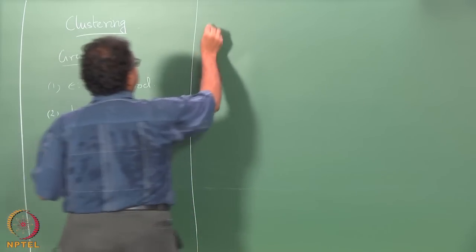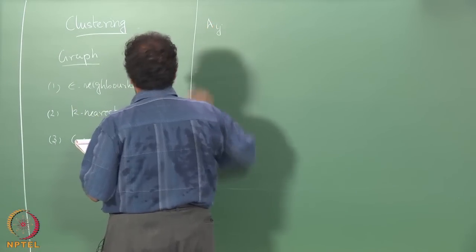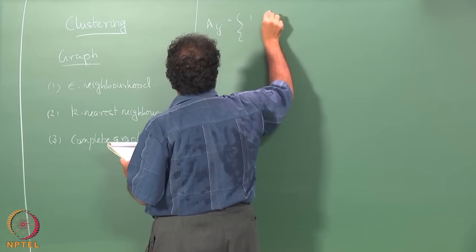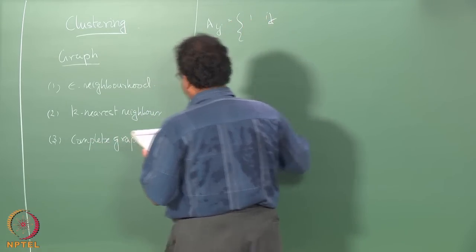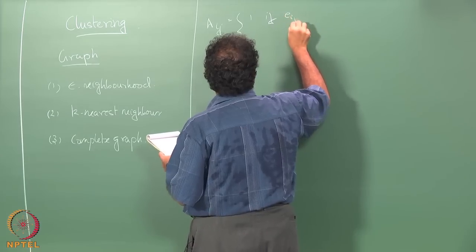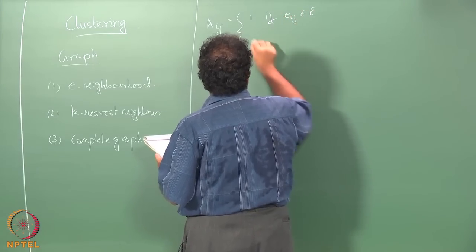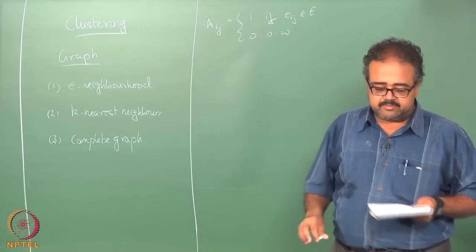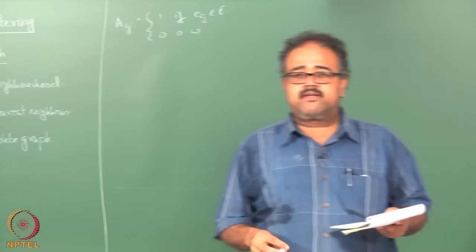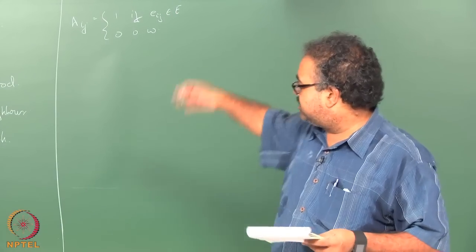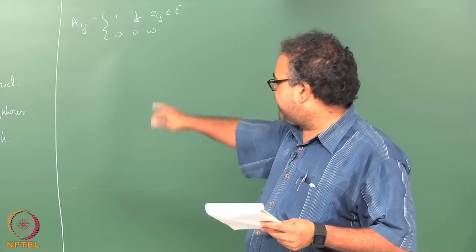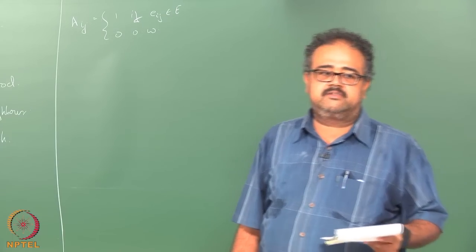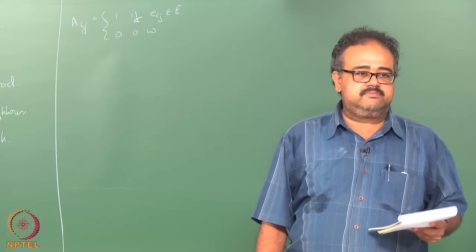So some notation, it is an adjacency matrix, right. I am going to assume that this is a symmetric matrix for the time being, okay, and in fact all the three could be considered as symmetric matrices, right.